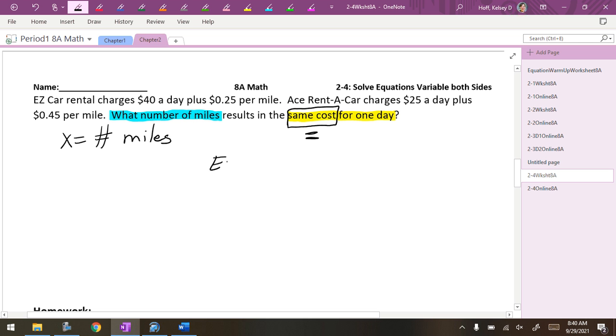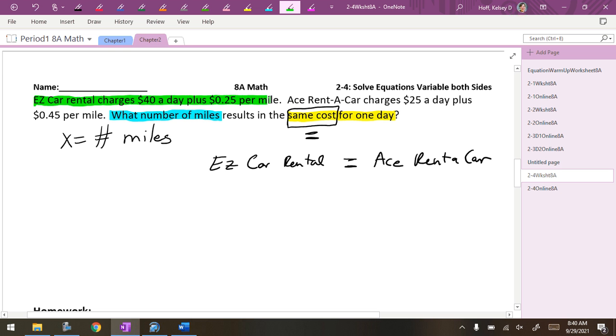We need to set this up so that Easy Car Rental equals Ace Rent-A-Car. Each company is on the separate side of the equation.